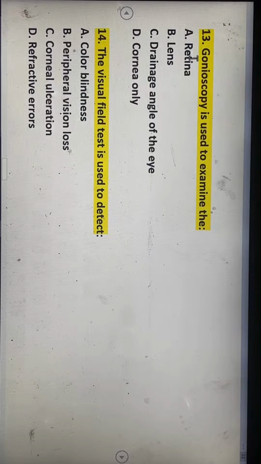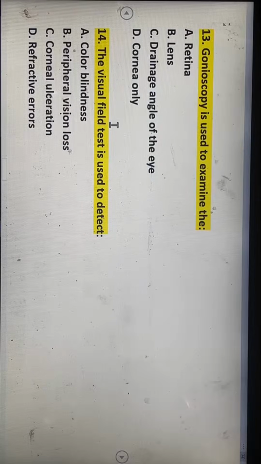So whenever you hear of the word gonioscopy, remember, scopy is with examination. Gonioscopy, examining the drainage angle of the eye. Tonometry is a diagnostic test used to measure the intraocular pressure of the eye.